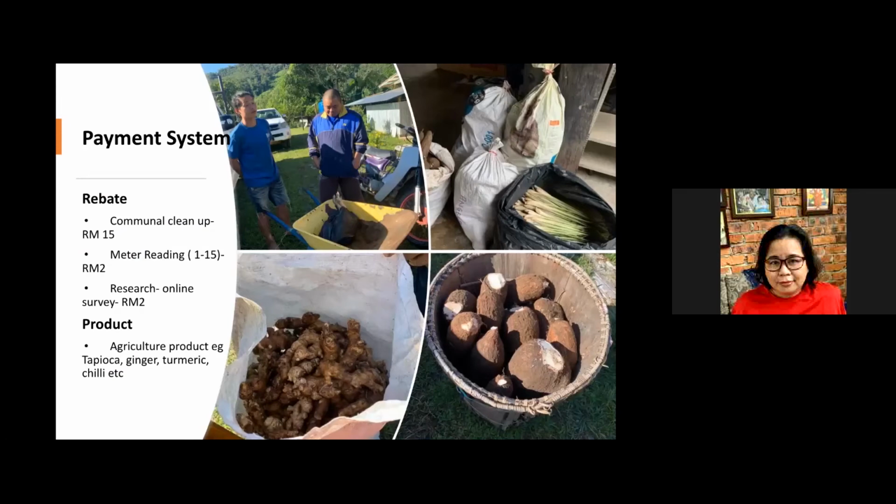We created a one payment system for the community. Since the COVID-19 pandemic in Malaysia, the government imposed an MCO, so the community cannot go sell their products. One of the things that we did was to take products from them.